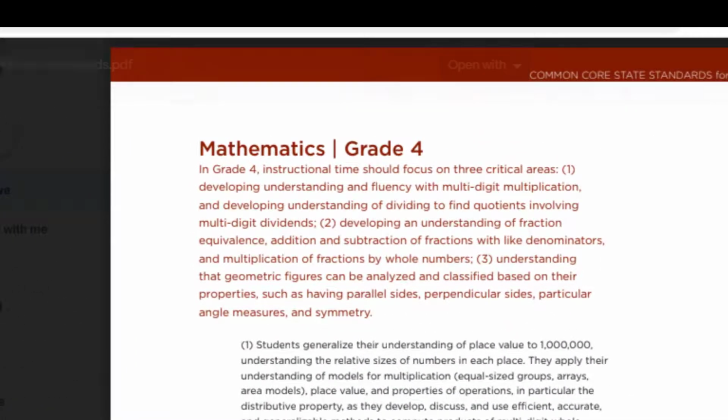And what does it say about division? Well, it says grade 4 instructional time should focus on 3 critical areas: developing an understanding and fluency with multi-digit multiplication, and developing understanding of dividing to find quotients involving multi-digit dividends. Aha! So it is a huge part of this grade because it's a focus standard.